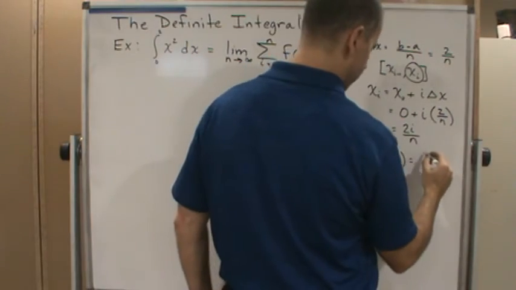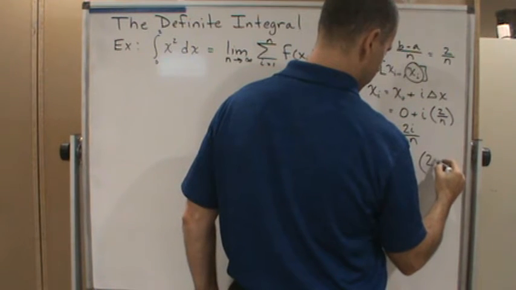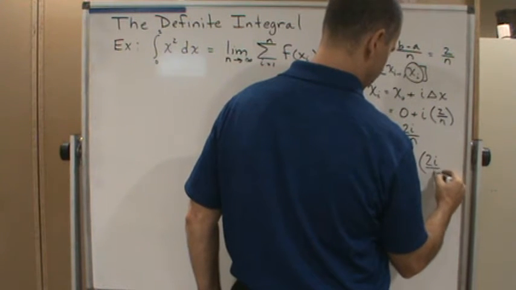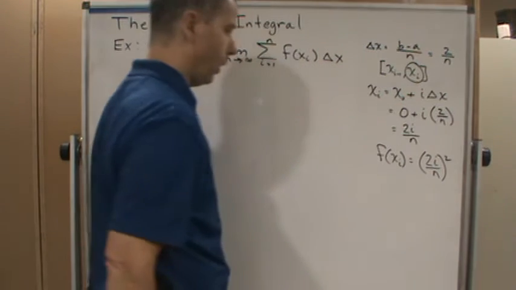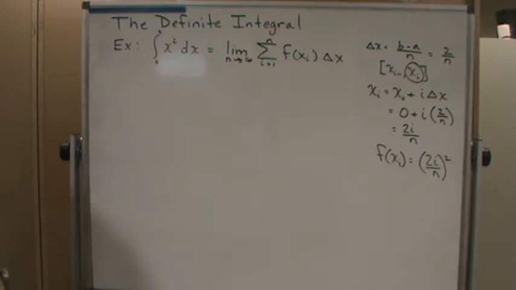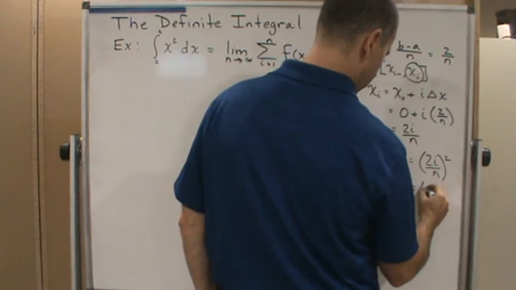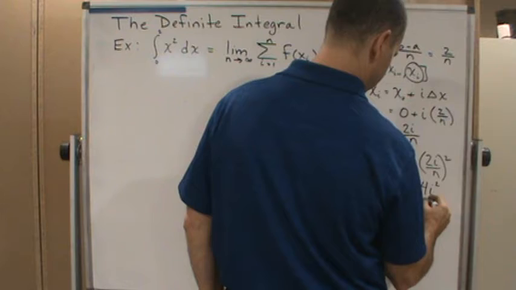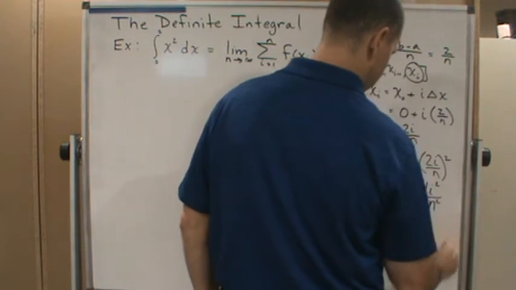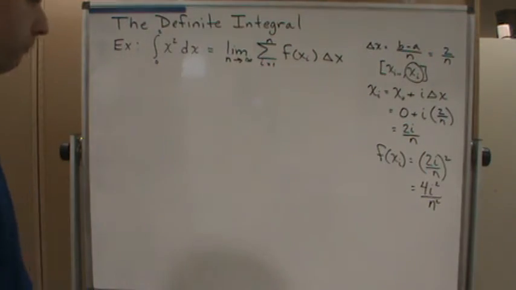So that means it's going to be 2 times i over n, quantity squared, right? And so that's going to give us 4i squared over n squared. Okay, so now we've got the value of our function, f of x sub i.